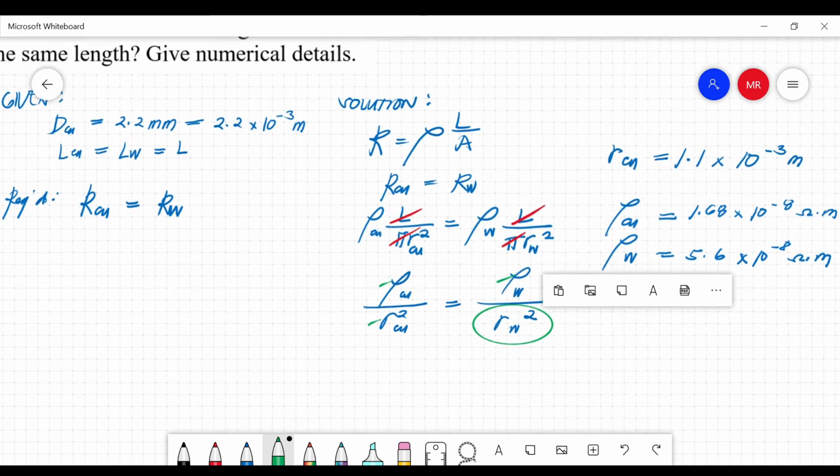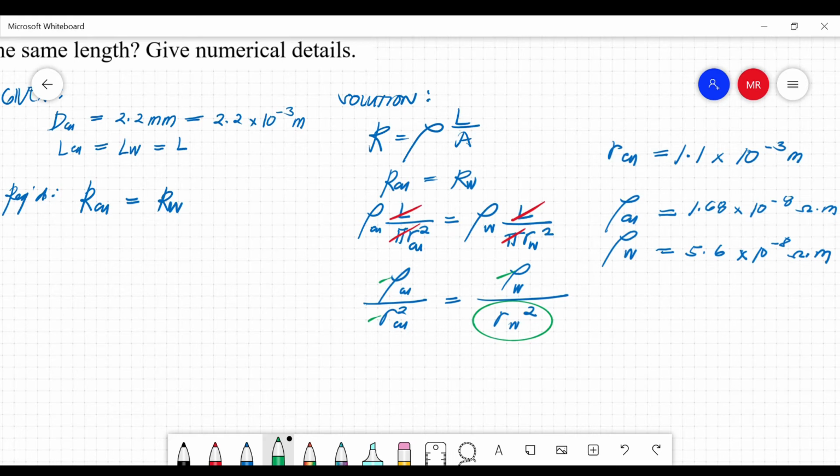Now we can easily solve this by just inputting all these numerical values in our calculator so that we can have a value for the radius of the tungsten wire. So for example, we just input all these values and use a shortcut to get a value for the radius of tungsten.